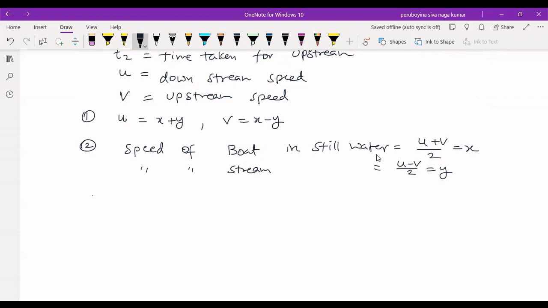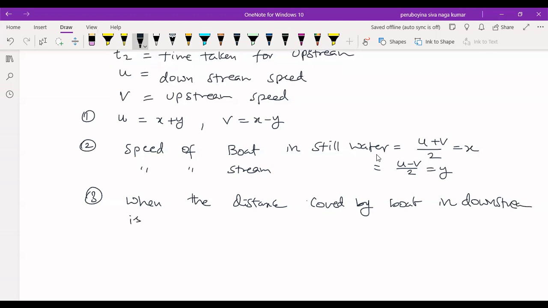When the distance covered by the boat downstream is the same as the distance covered by the boat upstream, then we have the following relation.